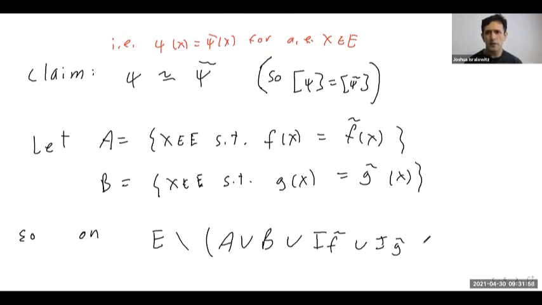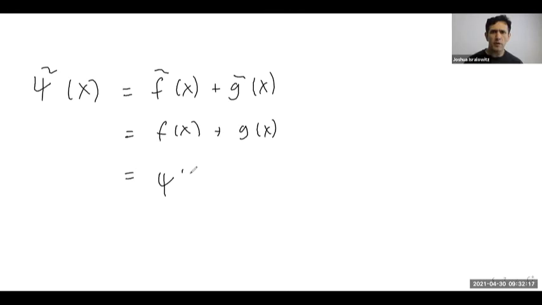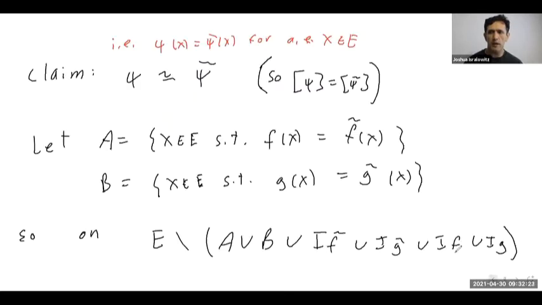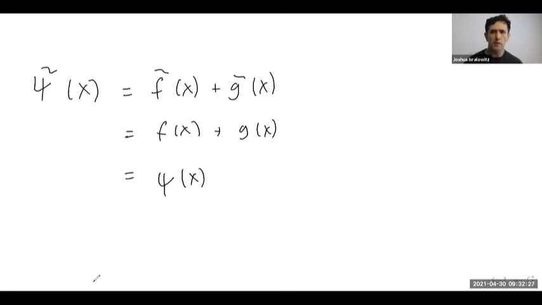I need the union of 6 sets, sorry about that. Let's also take away all x where f or g are plus or minus infinity. So now, because we're doing that, psi coincides with f plus g, as long as we're taking away I_f union I_g. Okay.